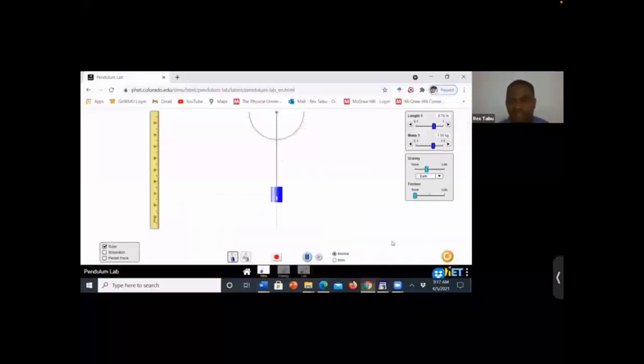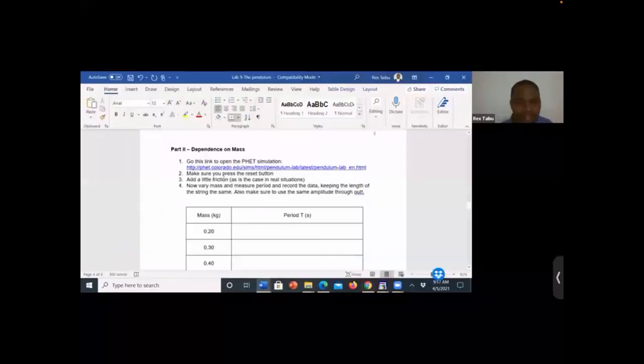I'm going to add a little friction like that. Next, the instruction says now vary the mass and measure the period and record the data, keeping the length of the string the same. Also make sure to use the same amplitude throughout.